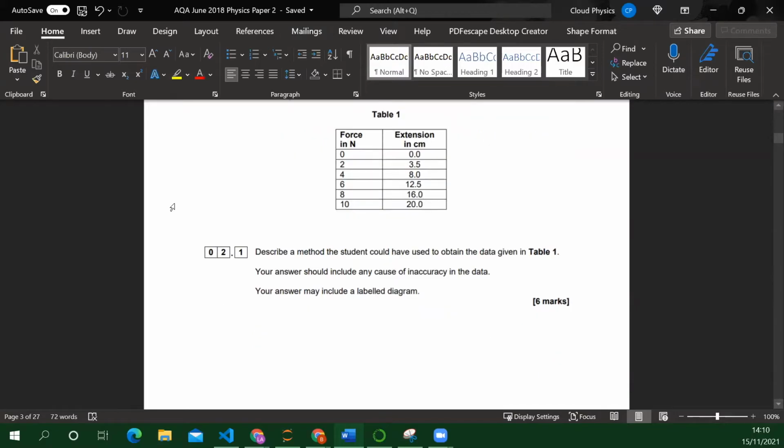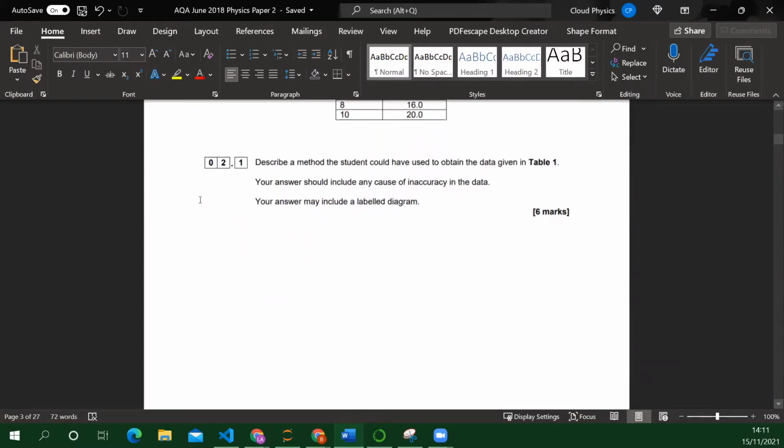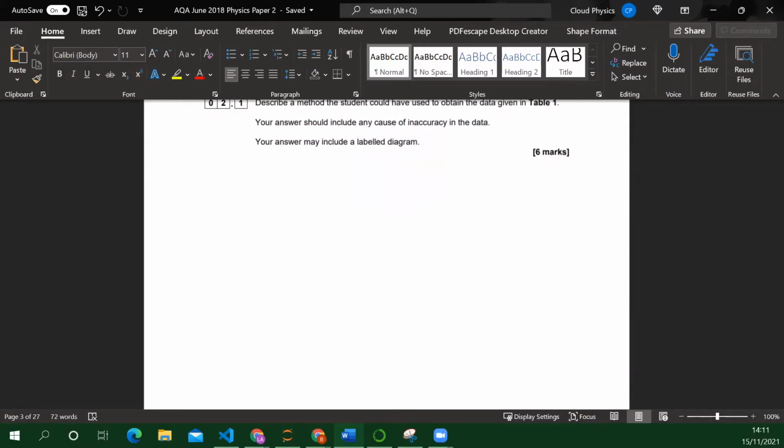Okay, they thought they'd be designing an experiment. Describe a method the student could have used to obtain the data in table 1. You should include any cause of inaccuracy in the data. Your answer may include a labelled diagram. So let's write this.